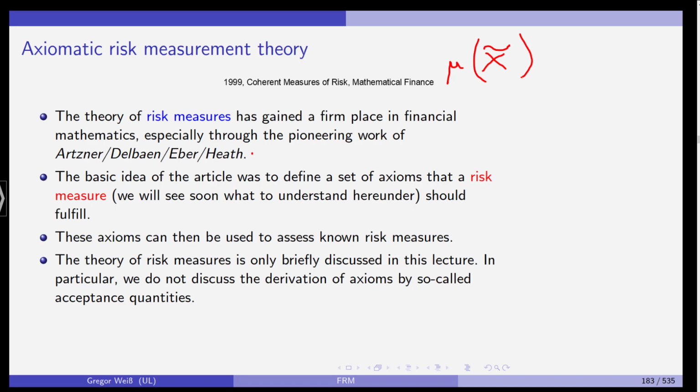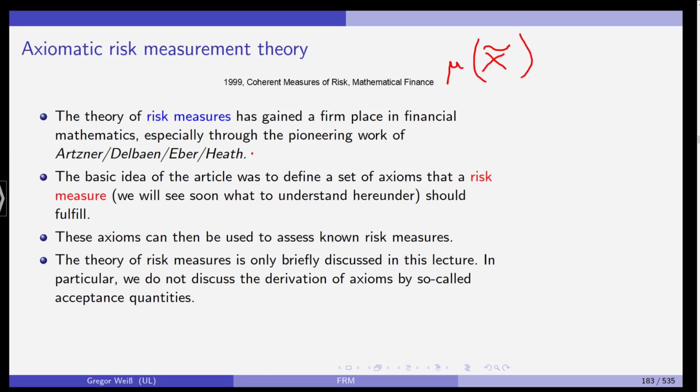And they said, okay, we first need to define what a risk measure is, and then define a set of axioms that each risk measure should fulfill to be economically sensible. And these axioms can then be used to assess known risk measures, and we'll see how, for example, volatility, the expected value, and quantiles fare under these axioms.